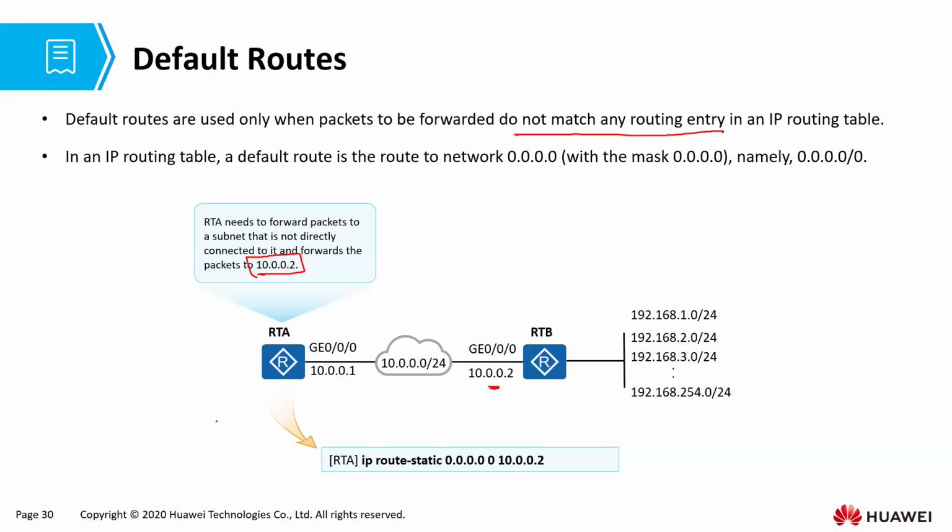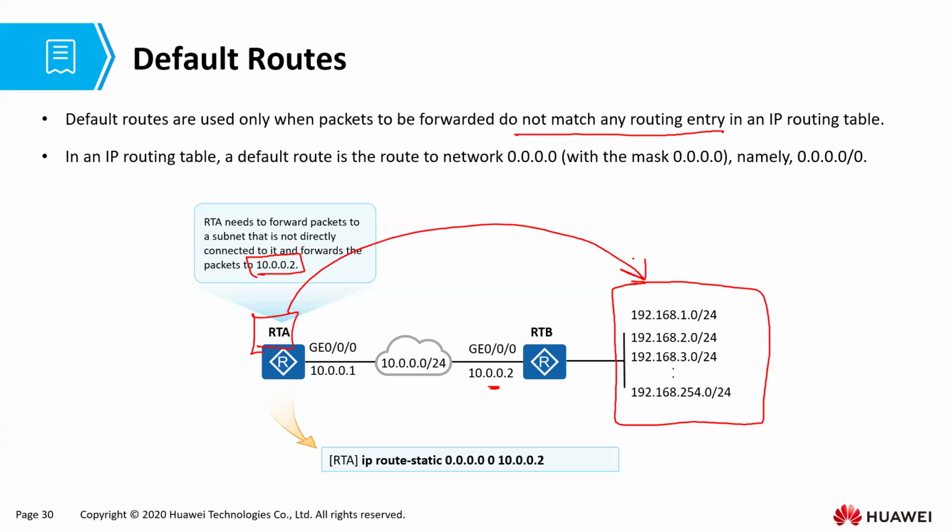Okay, let's have an example. We have RTB, 10.0.0.2. Right, let's have an example. On RTA, in the routing table, my routes to these networks are there. So in the routing table, my routes are configured, either statically or dynamically.